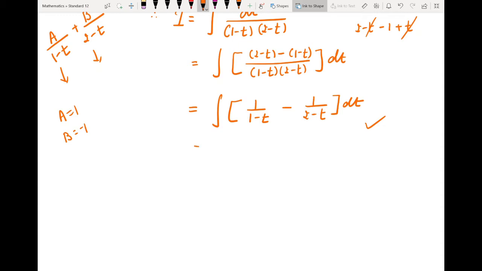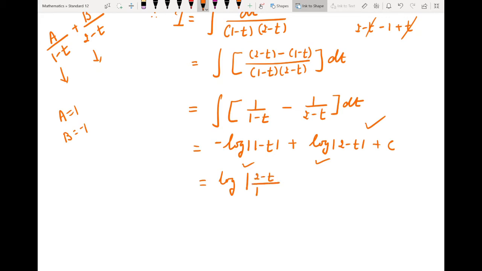So when we integrate, this is log mod 1 minus t, and the coefficient of t will be outside, so this is minus. Similarly here log mod 2 minus t, the coefficient of t is minus 1 outside, so minus minus plus, plus constant of integration c. Using log a minus log b equals log a by b, this is log of 2 minus t upon 1 minus t plus constant of integration.